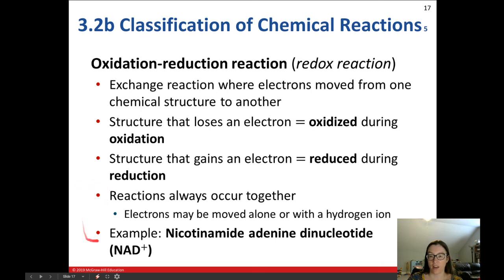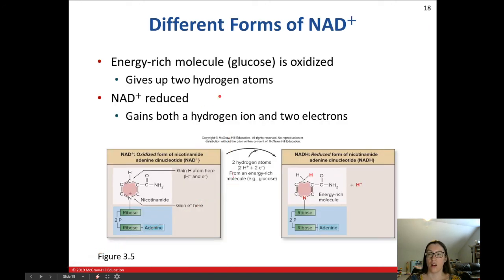This is important because we're moving these electrons. A very big example of this is the nicotinamide adenine dinucleotide, or NAD plus over here. We're going to talk about this a lot in the next lecture when we talk about aerobic cellular respiration. NAD has different forms. It has an oxidized form and a reduced form.